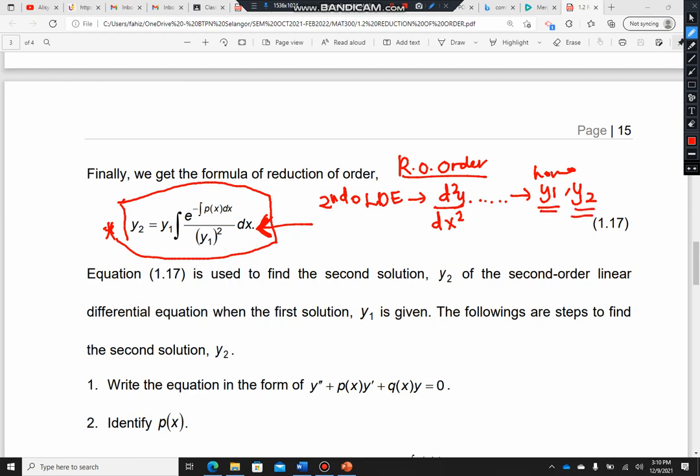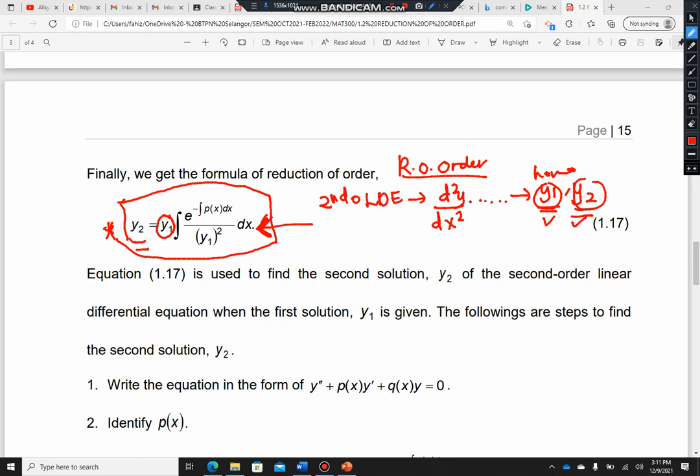Untuk reduction of order, apa maksud reduction of order? Kita menggunakan formula ni bila diberi salah satu. Kalau yang tadi kita cari dua-dua, y1 and y2. But this one kita nak cari just diberi salah satu. Maknanya contoh kat sini dia dah bagi y1, so we need to find y2.